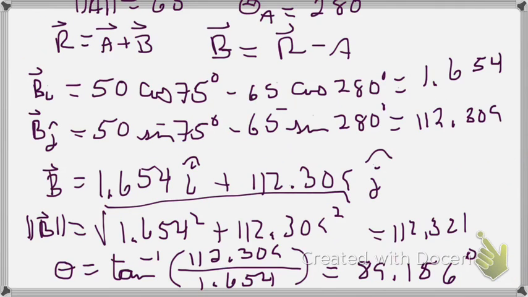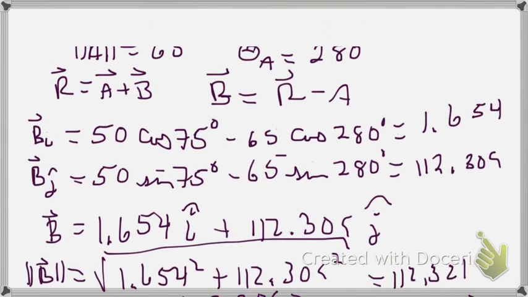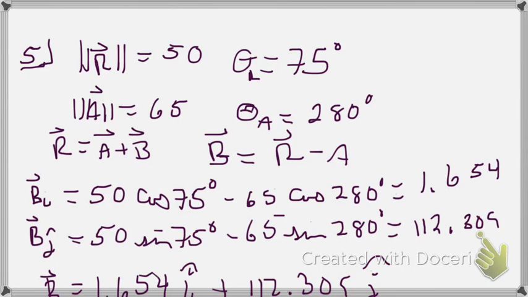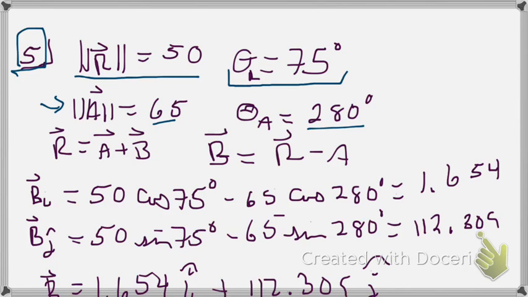Alright, now moving on to number 5. From semester 4, what they told us was that we had a resultant vector with a magnitude of 50, and it was at an angle of 75 degrees. One of the components had a magnitude of 65, and it was directed at 280 degrees.